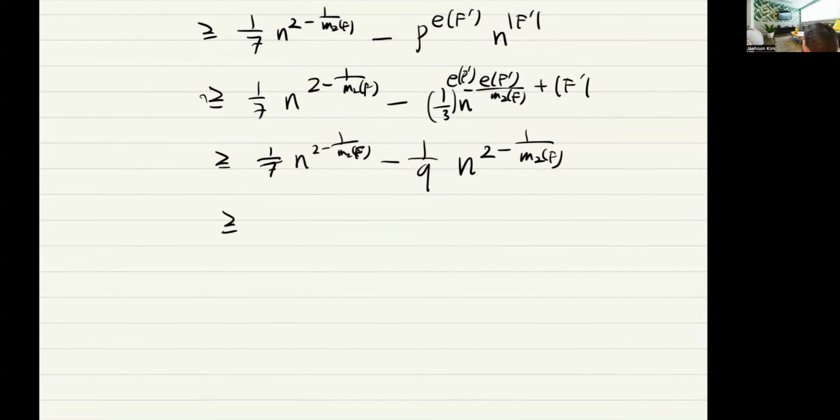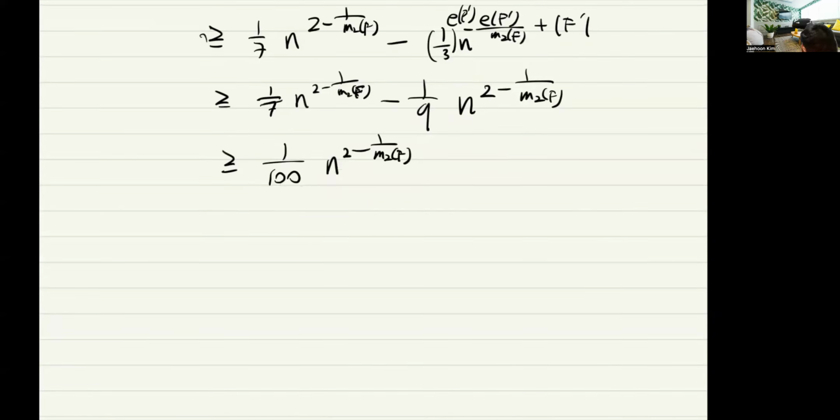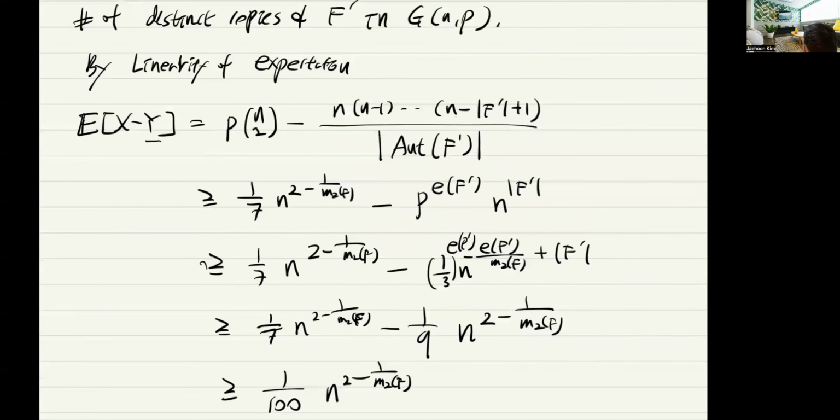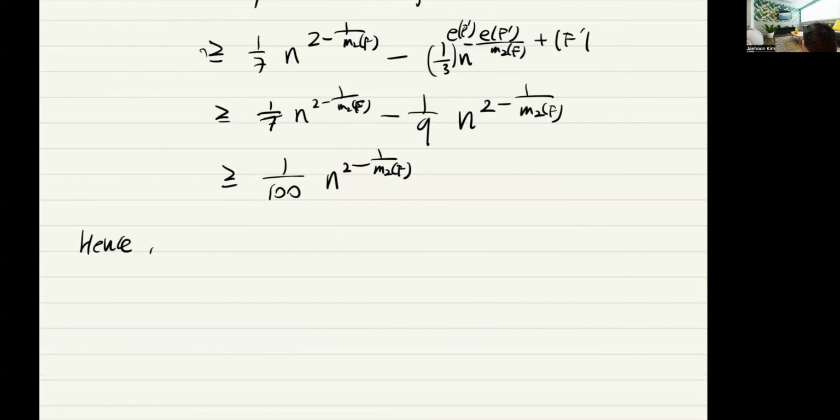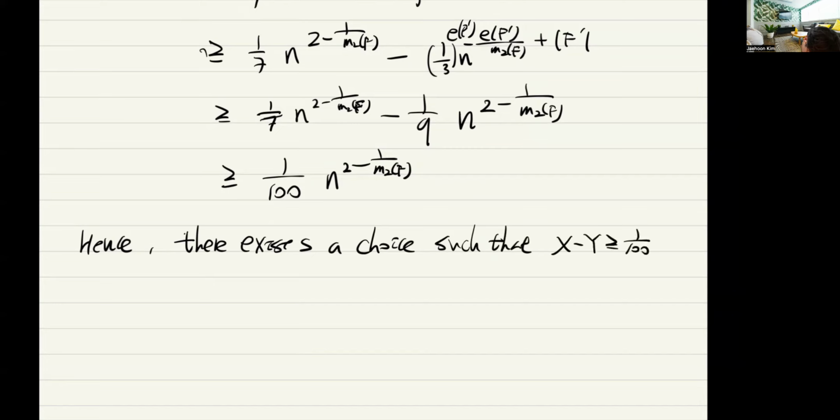Then that's like 1/100 times n to the 2 minus 1 over the 2 density. So from here, if it's the average expectation, there must be a choice that's better than the expectation. There exists a choice such that x minus y is bigger than 1/100 n to the 2 minus 1 over m of f.